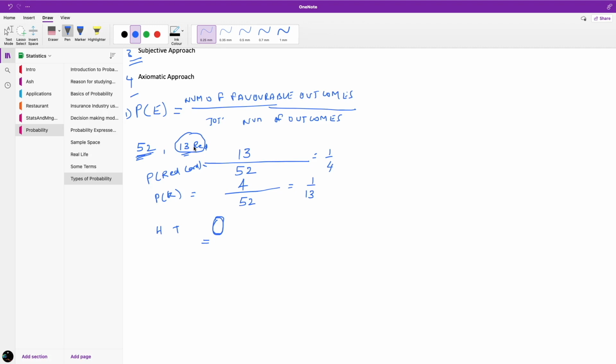So this is called the relative frequency approach. They collect all the past data and then calculate the probabilities. But the downside of this approach is we have to do a large number of trials, or gather a large amount of data.